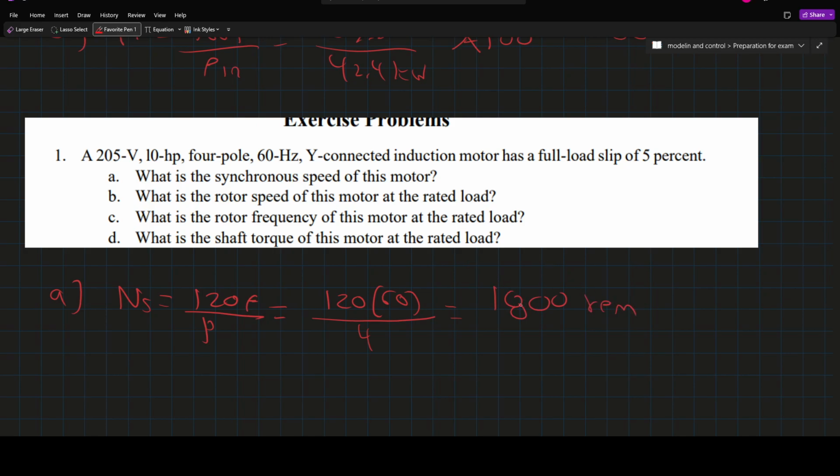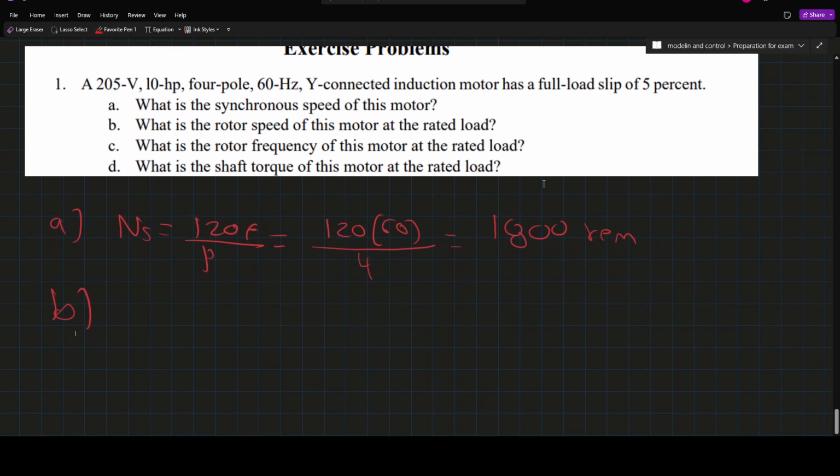1800 RPM, yes. Now for B, what is the rotor speed of this motor at the rated load? Okay, so it's given as a full load slip of 5%.